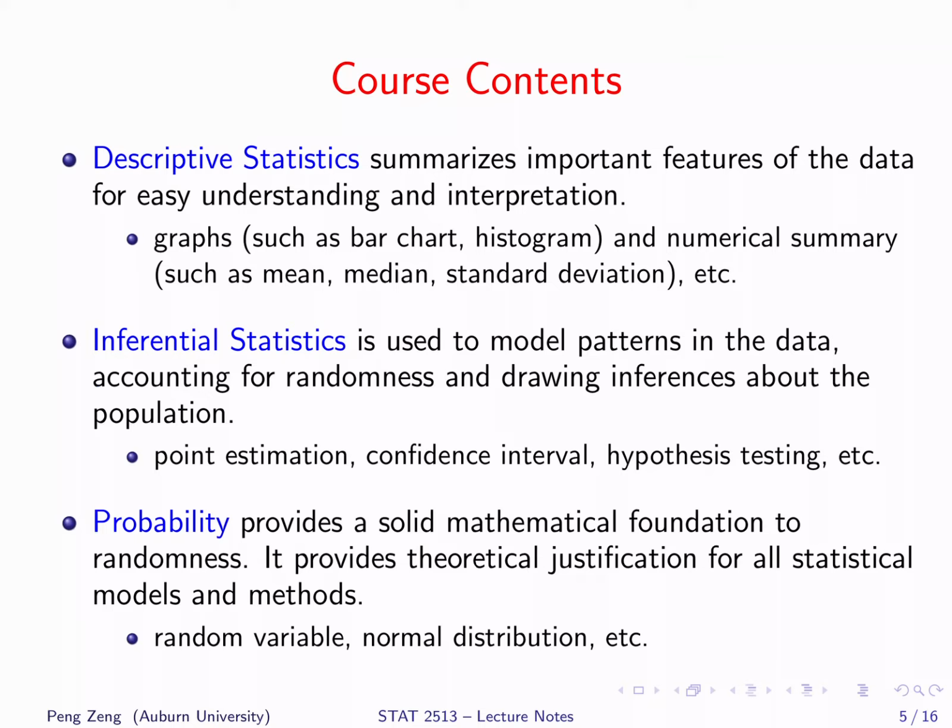In terms of the level of mathematics, descriptive statistics does not need much mathematics. Inferential statistics needs some mathematics. Probability needs more skills in mathematics. For these three categories, descriptive statistics accounts for roughly 20% of the course contents. Inferential statistics accounts for 40%, and probability accounts for the remaining 40%.